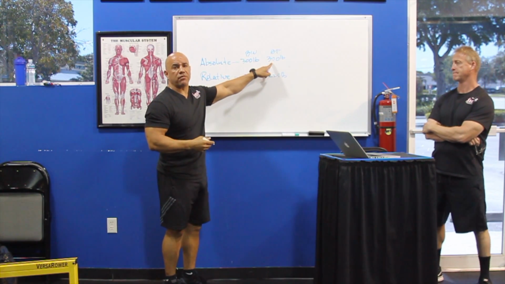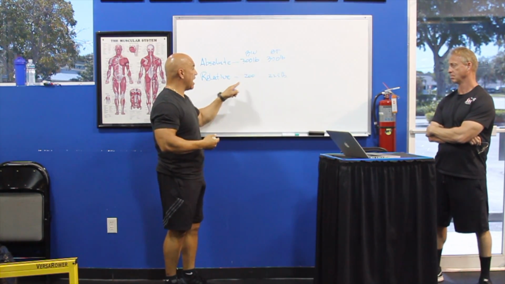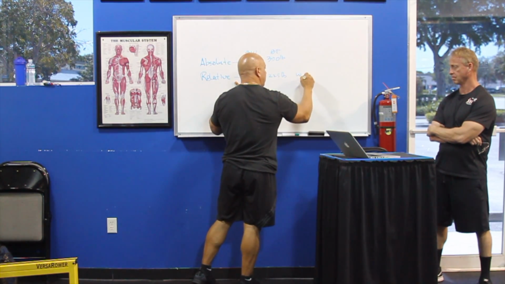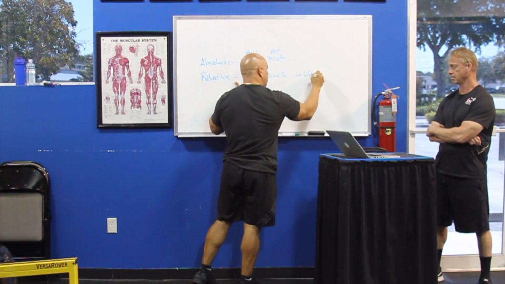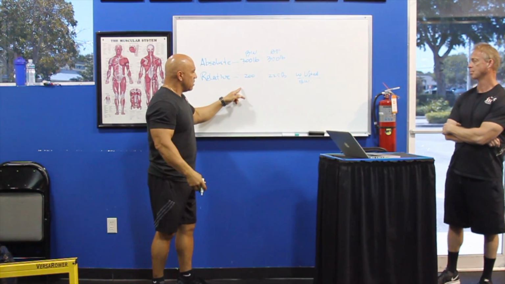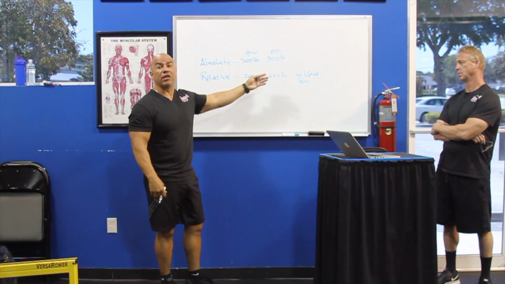This guy is absolutely stronger. This guy is relative, because relative is weight lifted divided by body weight. Got it? So the stronger you are per body weight, the more you can do with your body.